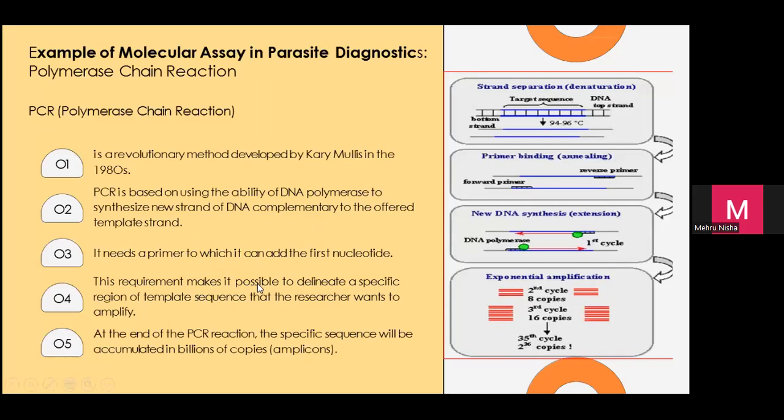It requires the possibility to delineate a specific region, and at the end of the reaction, a specific sequence will be amplified, which we call amplicon. So it's like this, student. It's not very difficult. I'm sure semua dah tahu apakah dia DNA kan? Have you all learned genetic? Dah ambil genetic ke? Ada subjek genetic?